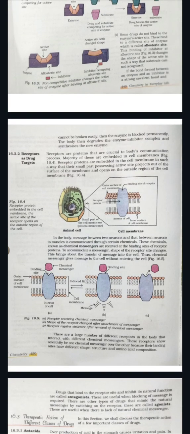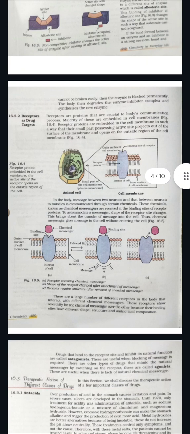There are a large number of different receptors in the body that interact with different chemical messengers. These receptors show selectivity for one chemical messenger over the other because their binding sites have different shape, structure, and amino acid composition. Drugs that bind to the receptor site and inhibit its natural function are called antagonists.